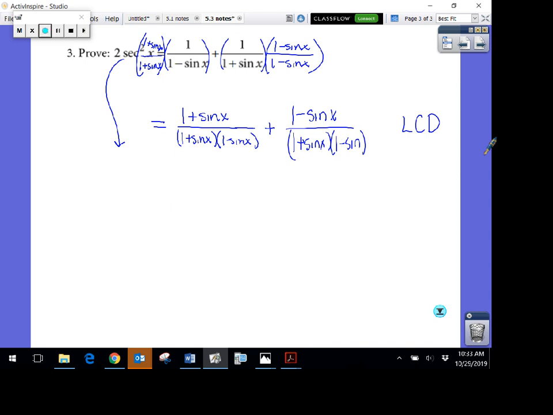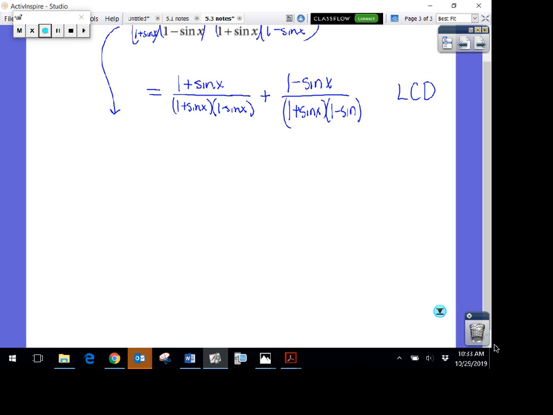Now, I'm always thinking about what do I need it to be. There's a secant here. Secant squared is the reciprocal of cosine, so we know eventually we're going to need to get the word cosine over on this right side. All right, so now, because I have common denominators, I can add my numerators. 1 plus sine x plus 1 minus sine x.